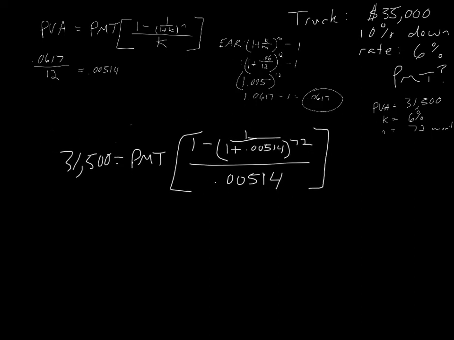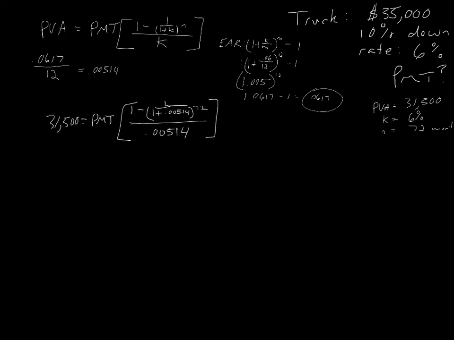So first thing we're going to do is go ahead and calculate this. So the first thing we'll do is run this equation down here in the denominator of this ratio in the numerator. 1.00514 to the 72nd equals, running on my calculator here, 1.446.